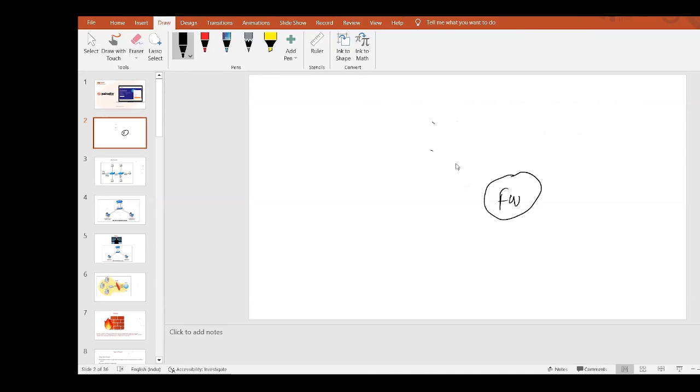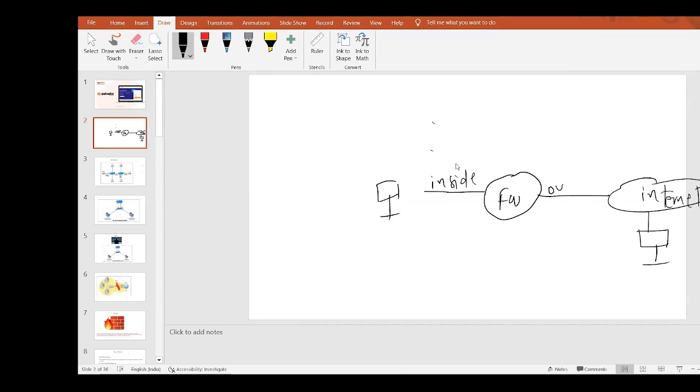This is my firewall. Nowadays this is actually happening because I have seen and worked on such kinds of scenarios. This is my PC from the outside internet, with IP 1.1.1.1, and this is my outside network.